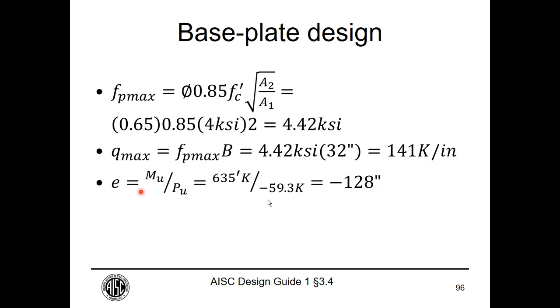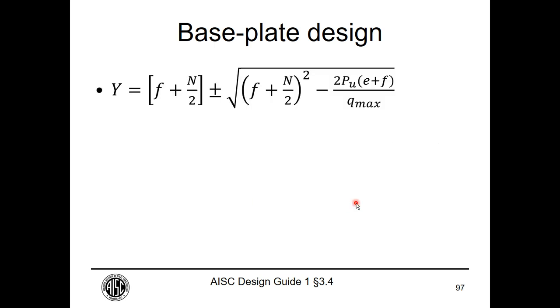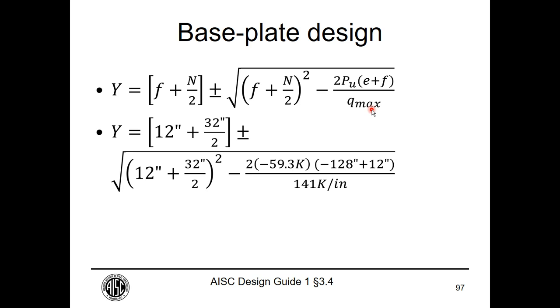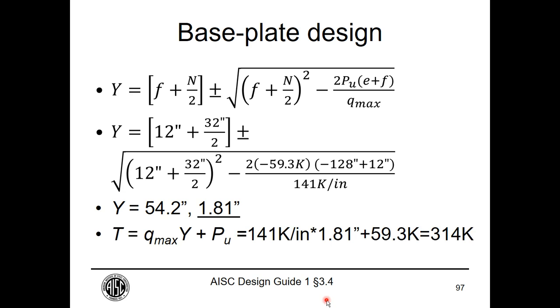We're using an effective eccentricity calculated by taking our maximum moment divided by the tension that we have here, and that's an eccentricity of 128 inches. So we can calculate based on that information the length Y that would satisfy equilibrium, and that length Y is 1.8 inches. So this is the method shown in Design Guide 1.